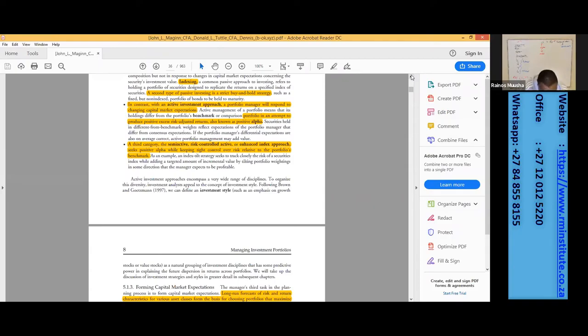And when they talk about value investing and growth investing, these are basically two investment styles that can also be used to categorize active investment management, where with growth investing, the main characteristic, for example if it's stocks, is that these are stocks where the investment does not pay out dividends.